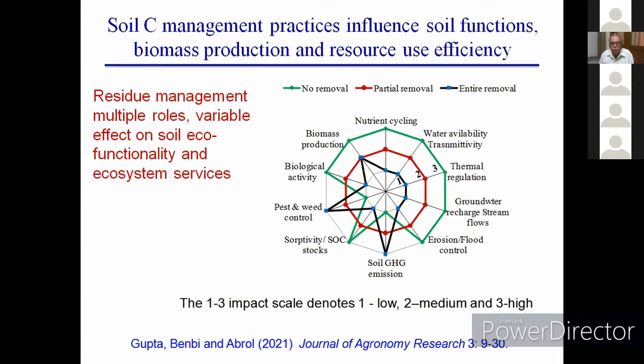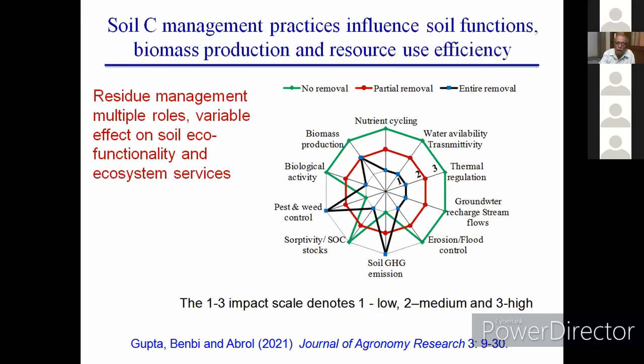That means you take it away, maybe by burning, maybe just for animal use, or you put it in some other fields. So you don't leave it in the soil. That means you are working with a field which had no residue left from the previous crop.